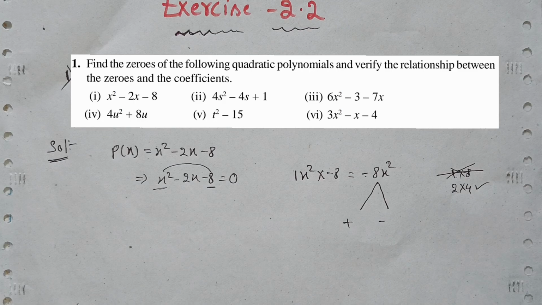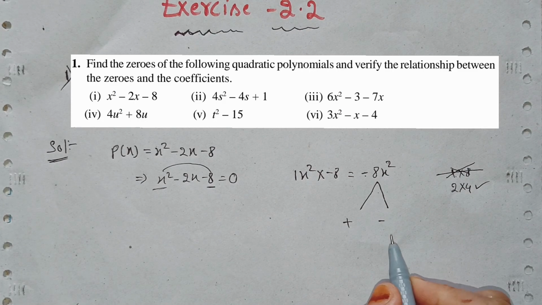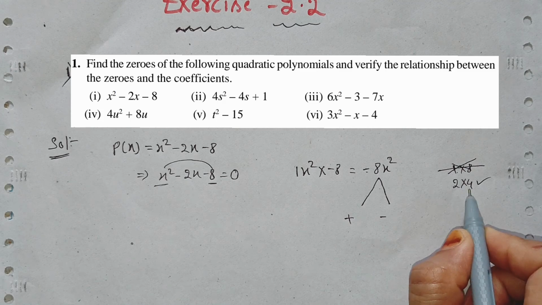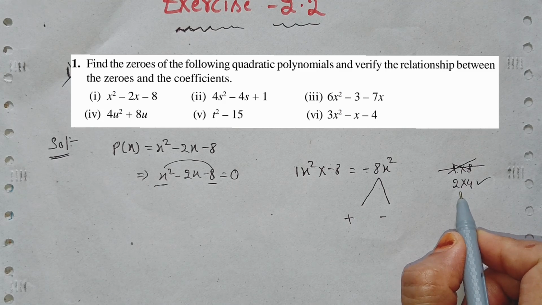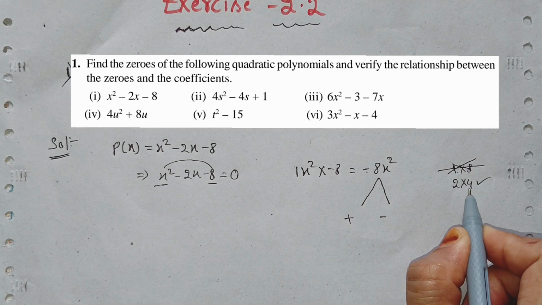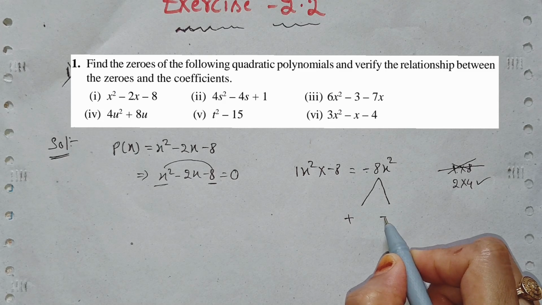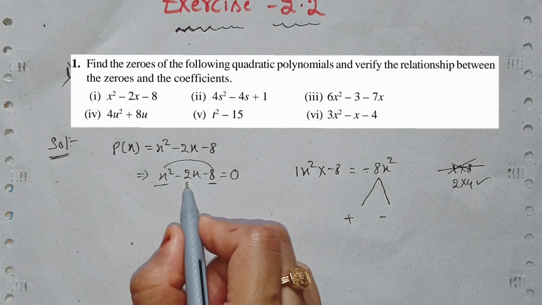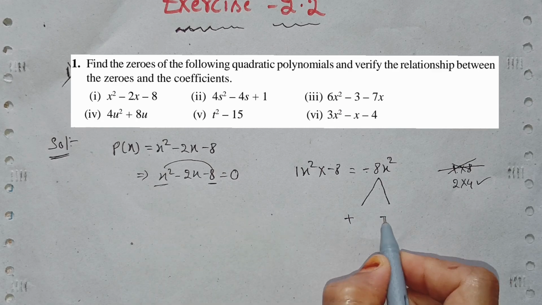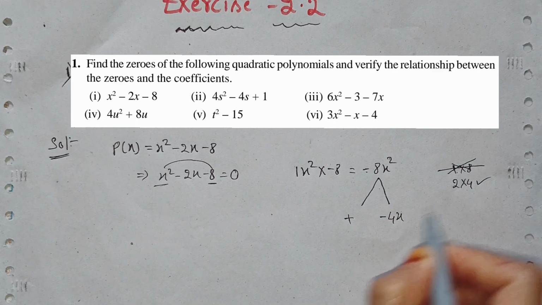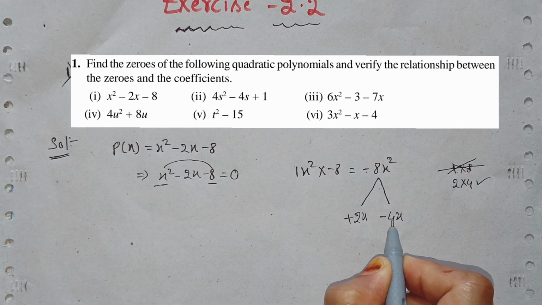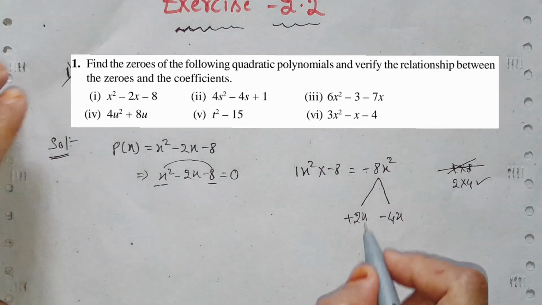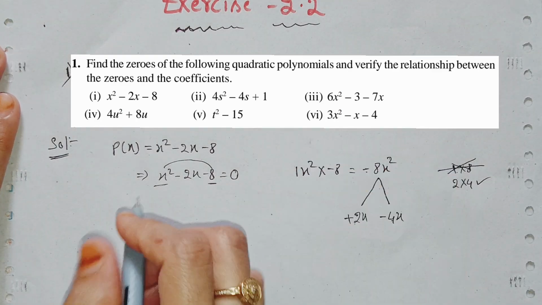We have to take 2 fours 8. And the question is which one we have to take with the positive sign and which one with the negative sign. The bigger number has to take the negative sign. Why? Because 4 minus 2 is 2, and here we have to get minus 2, that's why here minus 4x, here plus 2x. Minus 4 into 2 is minus 8, x into x is x square. In this way you have to check and write it down.